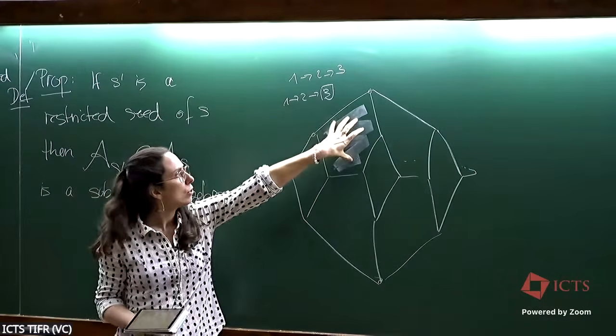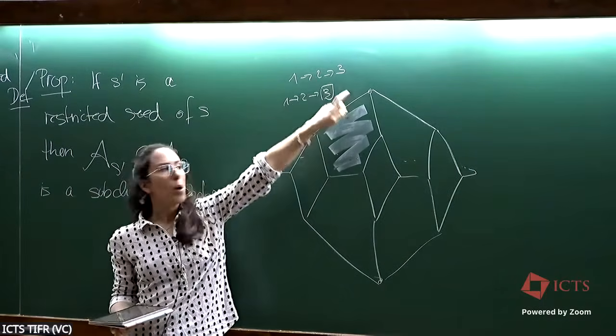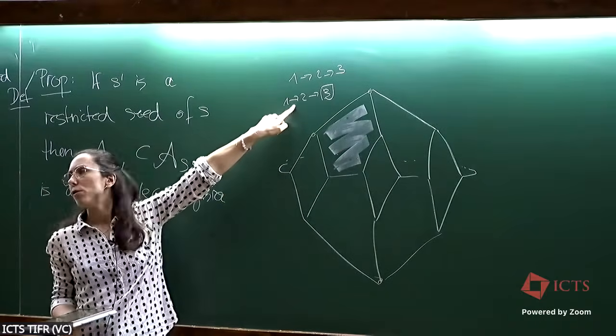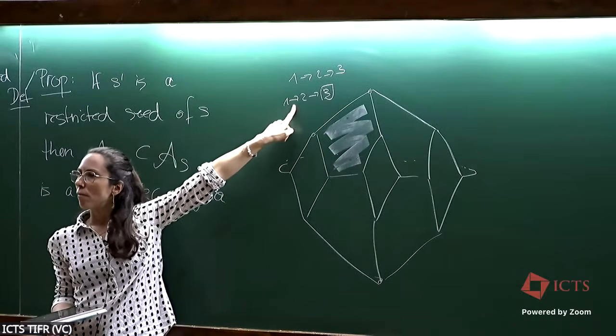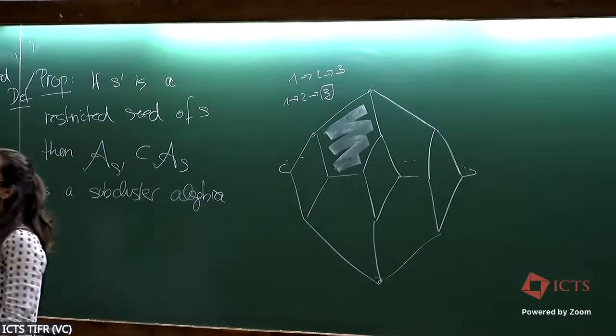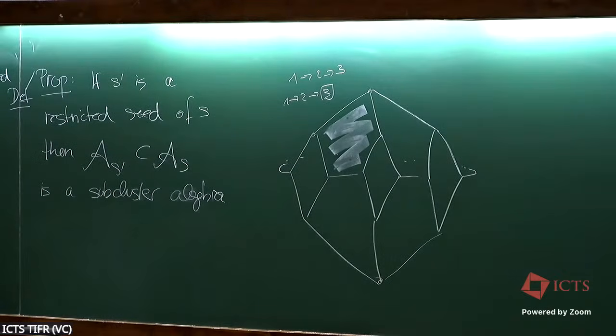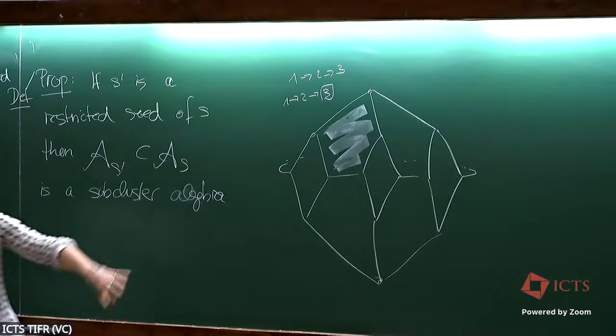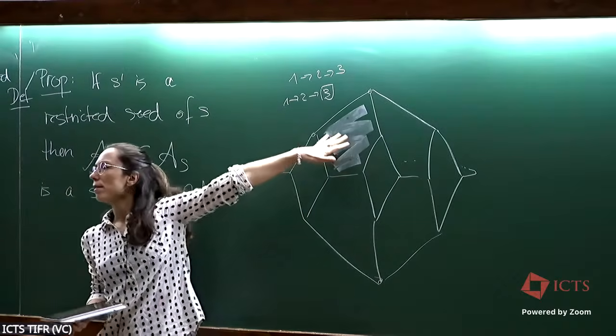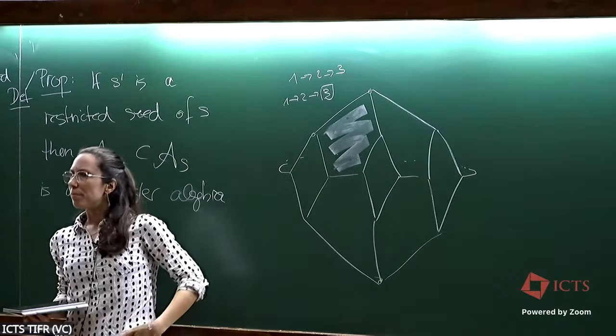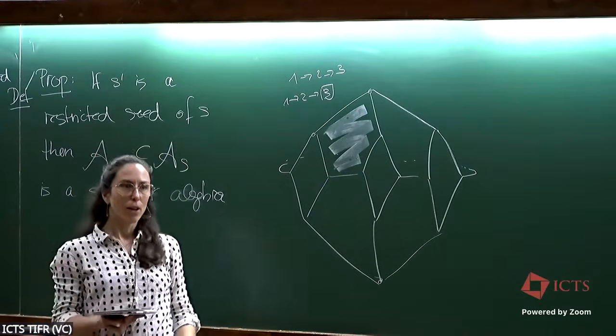All the mutations here are also mutations up here, but there are mutations that simply lie outside of the cluster pattern for this. Right, you always restrict to some face of the polygon.